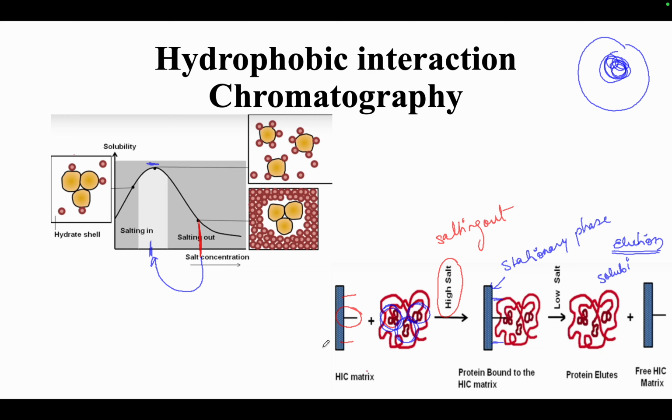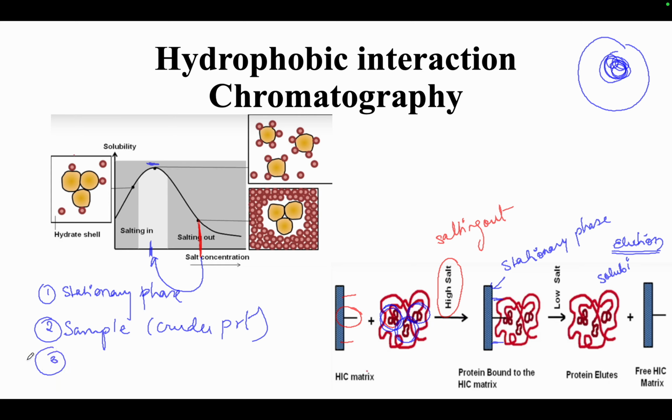So first we prepare the matrix, then we add our sample. These are the steps: first we prepare the stationary phase, then we add the sample, that is our crude protein, then we increase the salt concentration.